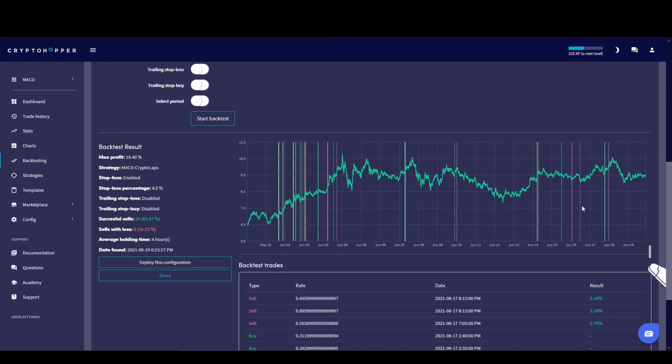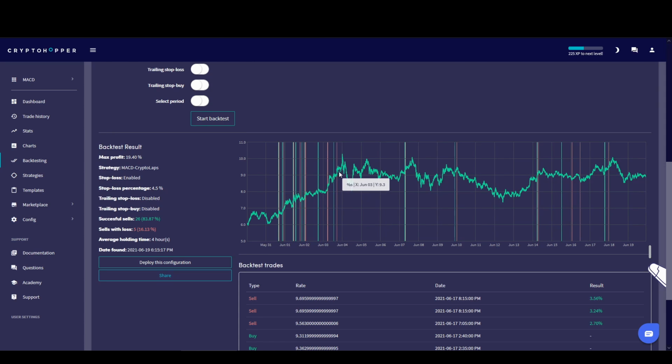So don't forget, guys, if you're wondering why your bot is not doing any transaction for a couple days, well, this is totally normal. Look at the chart. From June 4th to June 7th, there was absolutely no transaction, no buy at all. Same thing here. From June 10th, there was 1, and the next one was June 14.